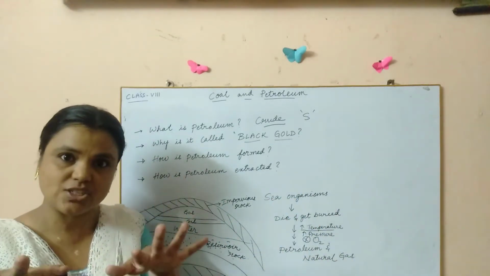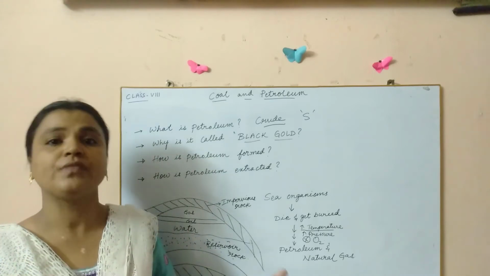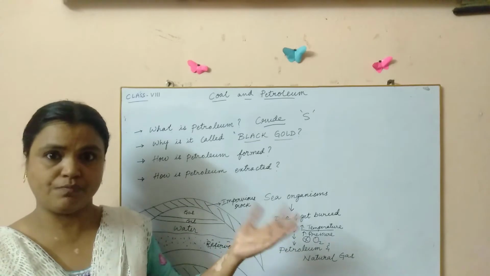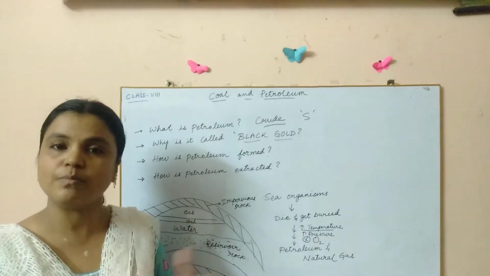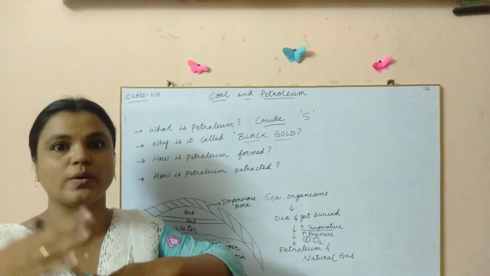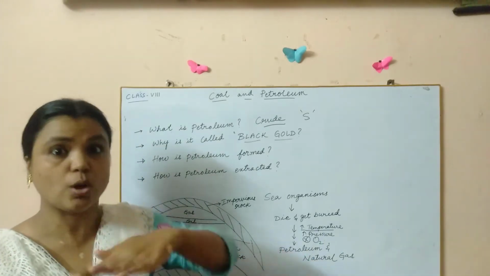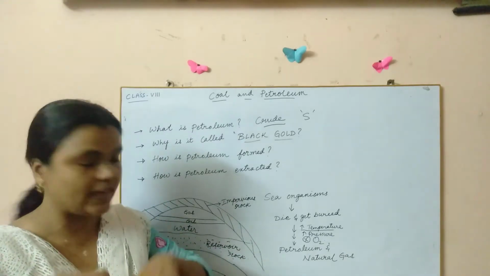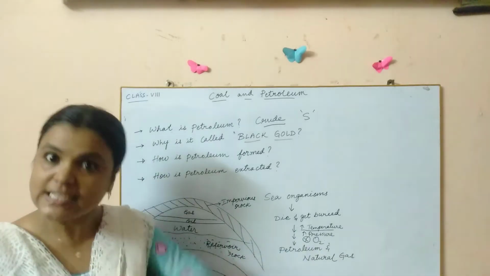They just sink down to the seabeds, and because of the water currents, during the course of time, what happens? A lot of sand and sediments get deposited over them, so that they mount a lot of pressure, and they keep getting buried deeper and deeper.